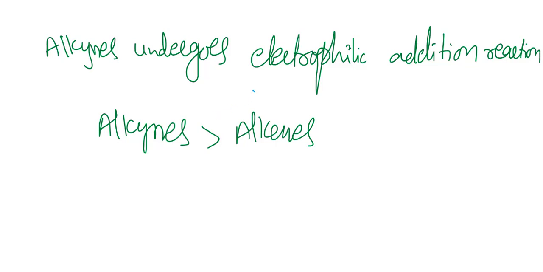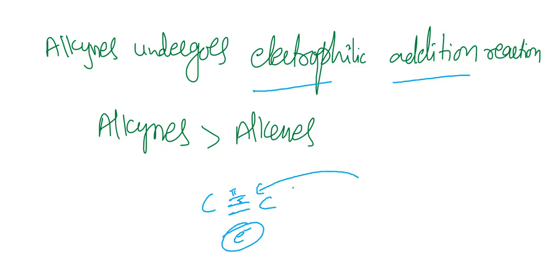Alkynes undergo electrophilic addition reactions because it has C triple bond C, that means 2 pi bonds are there, so electron density is more, so obviously a positive particle will attack. Suppose a negative particle is there, B minus, already there is negative charge, this is also negative charge, it is not preferred.